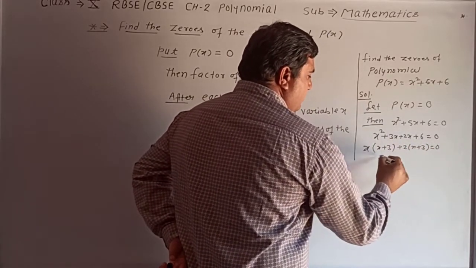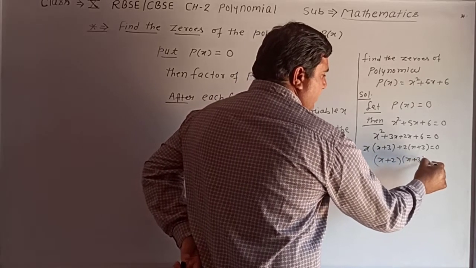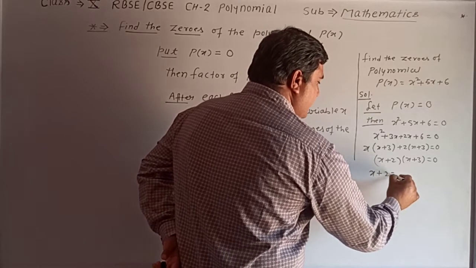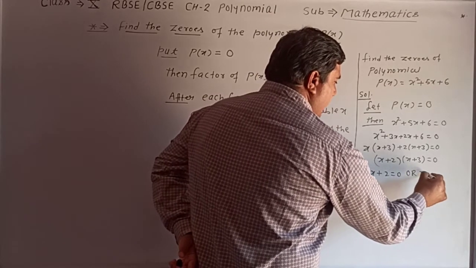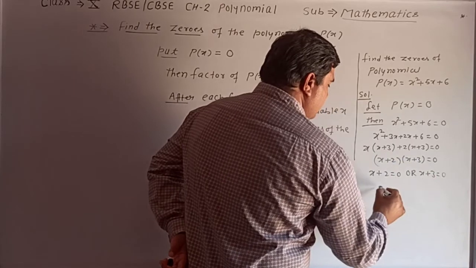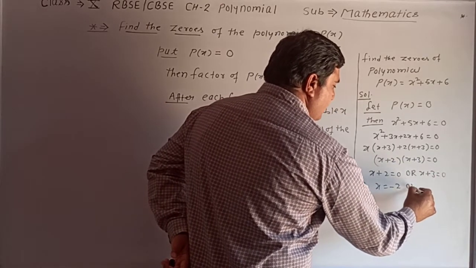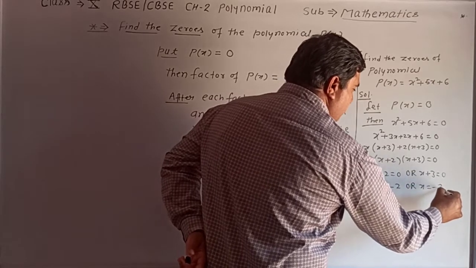So (x plus 2)(x plus 3) equals to 0. x plus 2 equals to 0 or x plus 3 equals to 0. This implies x equals to minus 2 or x equals to minus 3.